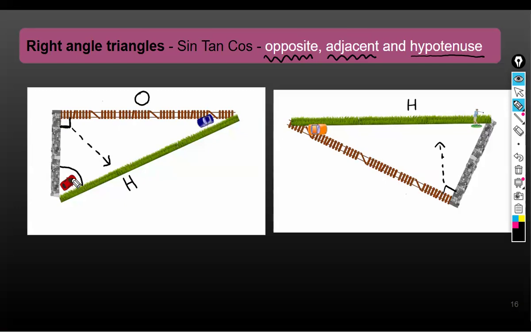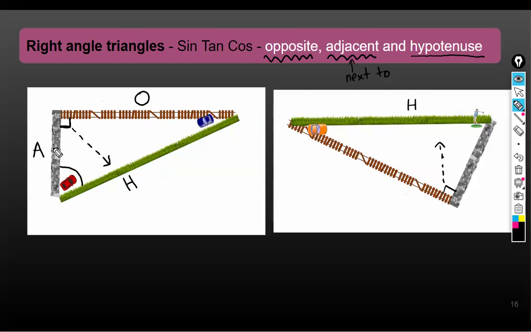The adjacent, in case you don't know what adjacent means, is next to. Now, if I am standing by the red car, doesn't it have two sides next to me? It has the grass and it has what? The stone wall. So it has two adjacents. But isn't the grass already named the hypotenuse? So that means if he is the hypotenuse, then the brick wall is what?